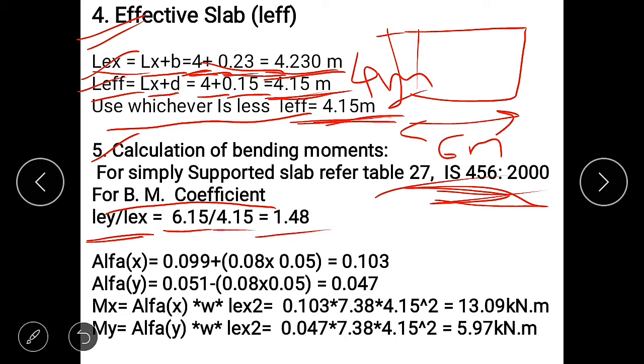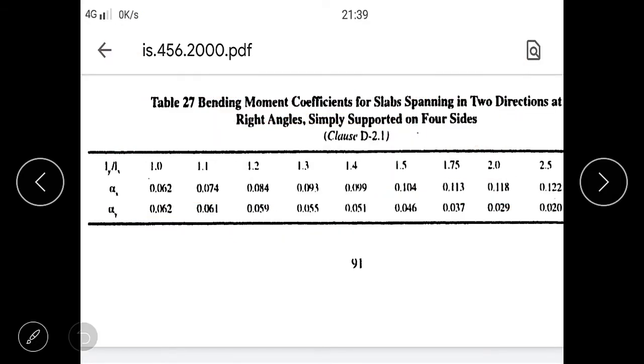So the answer is 1.48. Here the ratio is 1.48. In Table number 27 of IS 456 2000, the bending moment coefficient of slab is given for a slab simply supported on 4 edges.